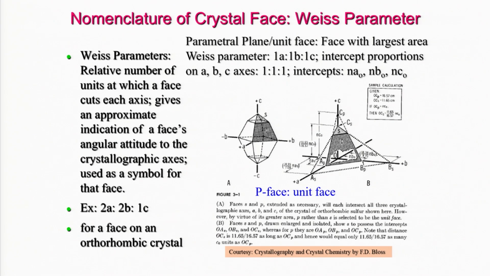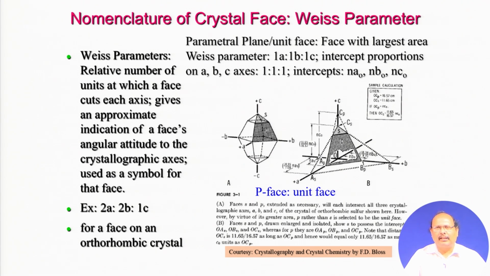So, let us first discuss how this crystal phase nomenclature came into being. In the earlier studies, the crystal phases were named using a parameter called the Weiss parameter. The Weiss parameter represents the relative number of units at which a phase cuts each axis.